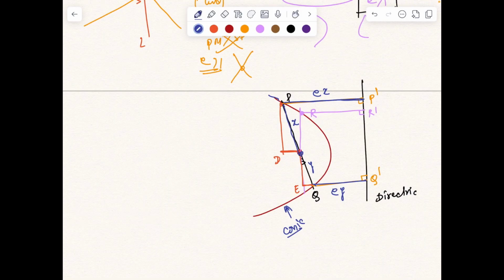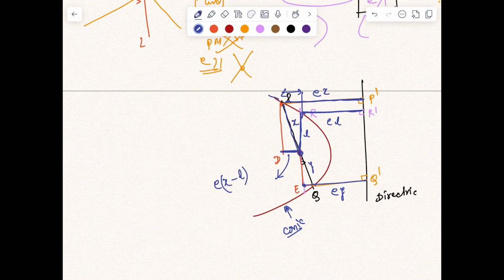Exactly in the same fashion, what about this distance? Since the total distance is ex and the length of latus rectum is L, this RR dash is going to be eL by definition. Hence this extra distance, which is the same as SD, is nothing but ex minus eL.